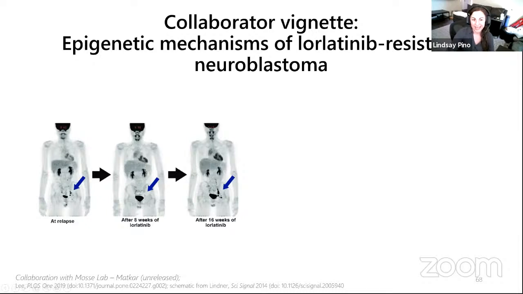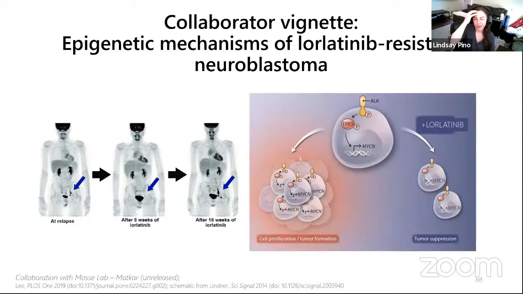It's an ALK inhibitor, but some patients sadly relapse after getting lorlatinib treatment because their tumors become lorlatinib resistant. The collaborators suspect this is an epigenetically driven mechanism where the tumor acquires this lorlatinib resistance. So now we can really quickly analyze this data.